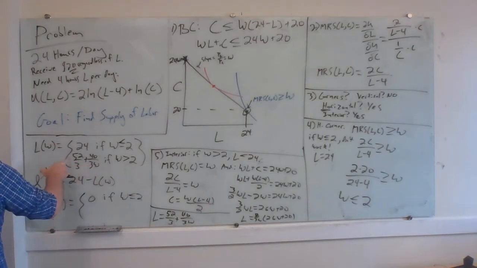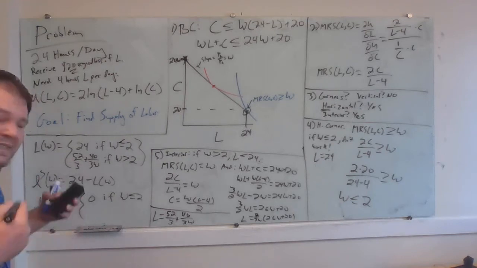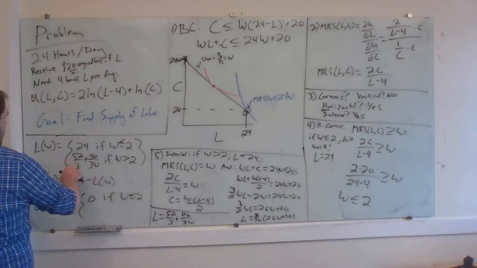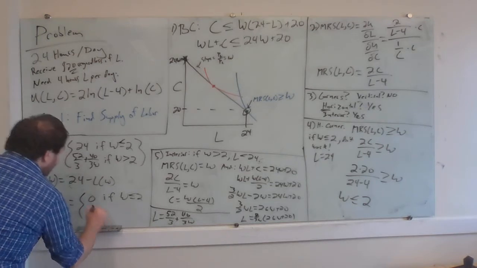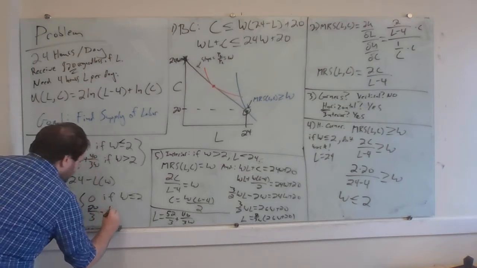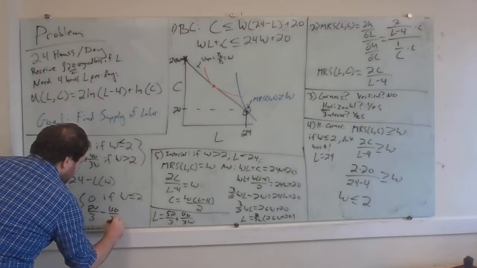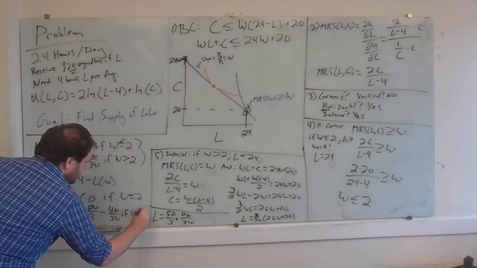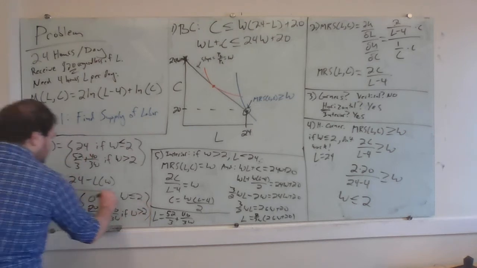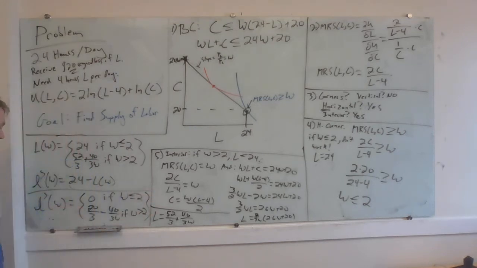Over here, we're going to have 24 minus this whole thing. So what's 24 minus 52/3? As we said before, 24 is 72/3. So 72/3 minus 52/3 is 20/3 minus this piece here, 40 over 3W, if W is greater than 2. And that is our final answer.